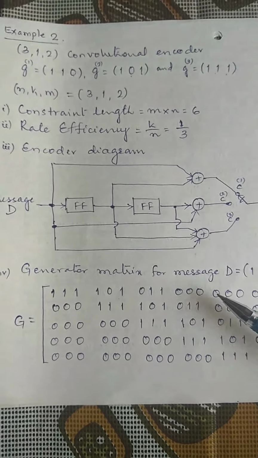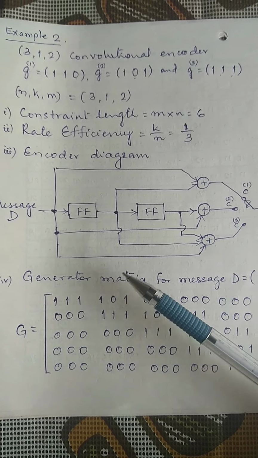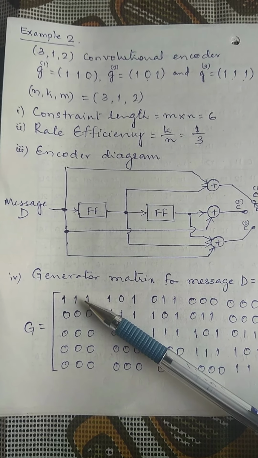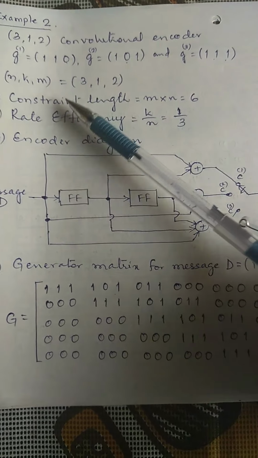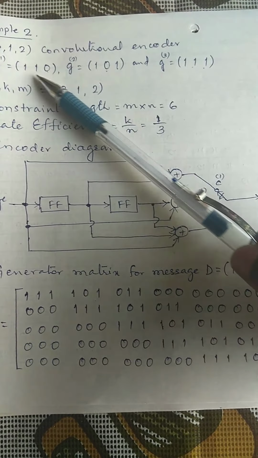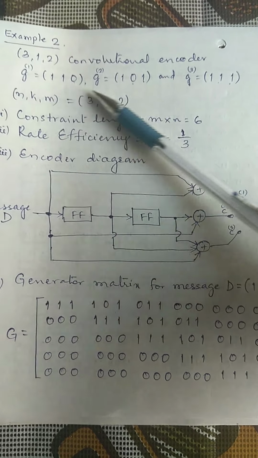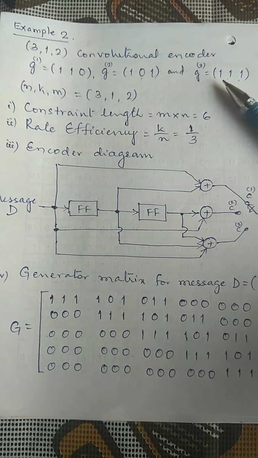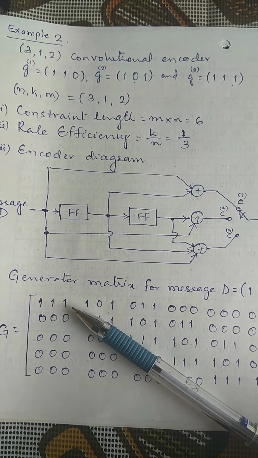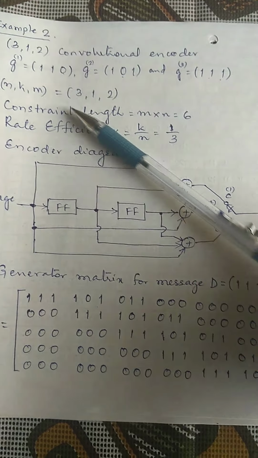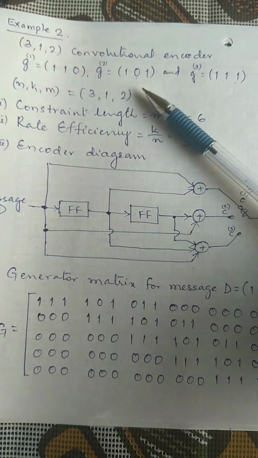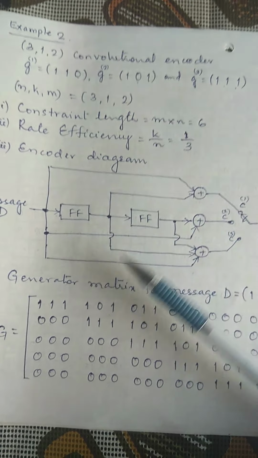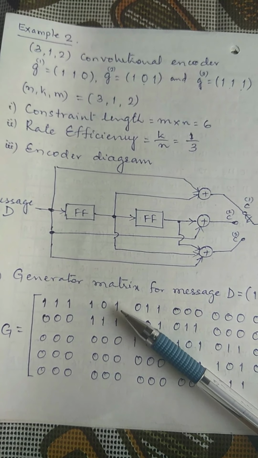Now the next part is to get the generator matrix, which is very simple here. The first block word is the first bit of each of the generator sequences. The first bit of G1 is 1, the first bit of G2 is 1, the first bit of G3 is 1, so 1 1 1 is the first block word. Then the second bit of G1, G2, G3 gives 1 0 1, which is the second block word.